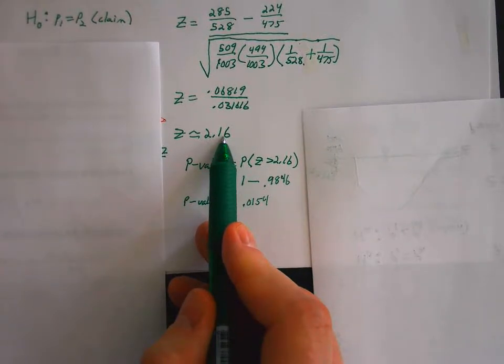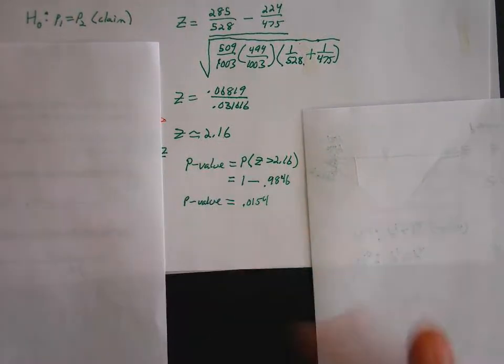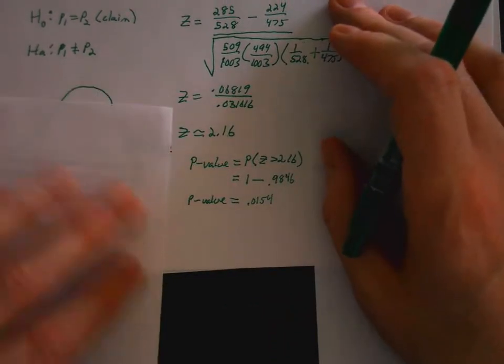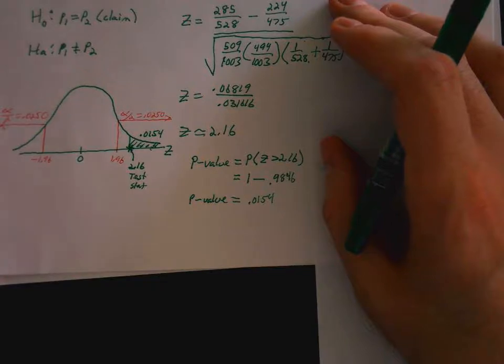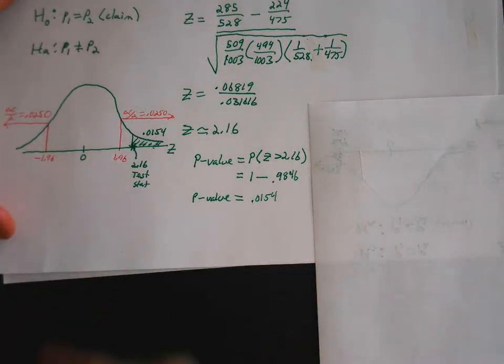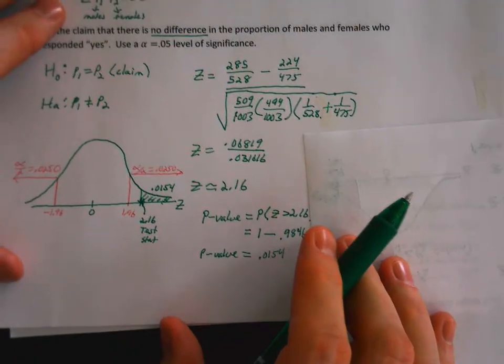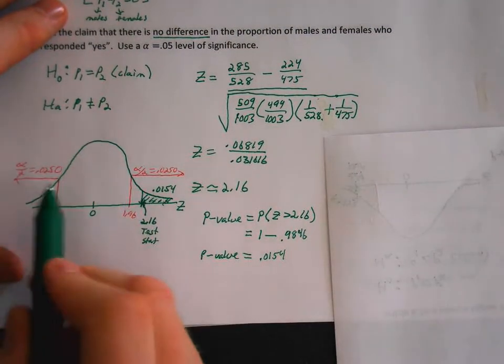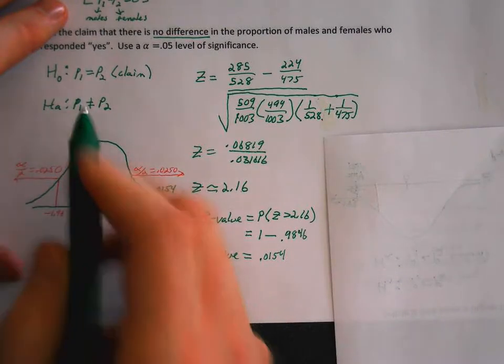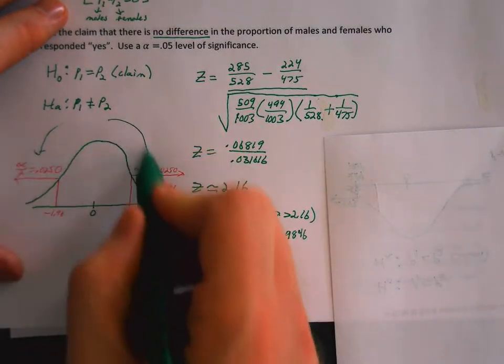Now, if your z-score is 2.16, look at the p-value. The not equal to in the alternative hypothesis is how you identify that you could be on either side of the center. The not equal to means we could be over here or over here.